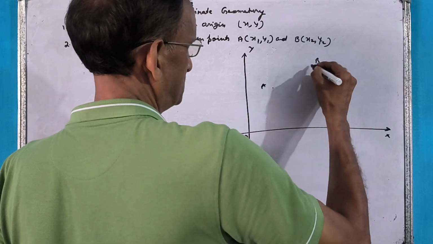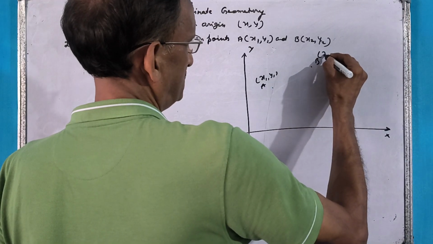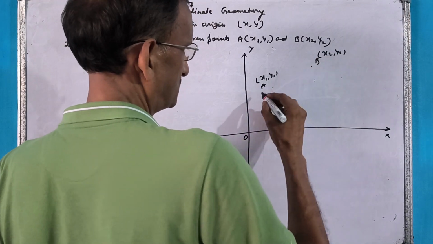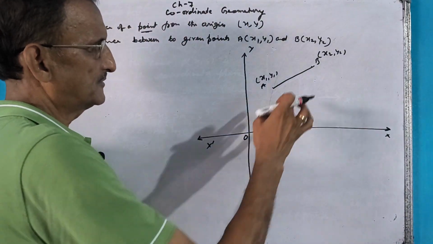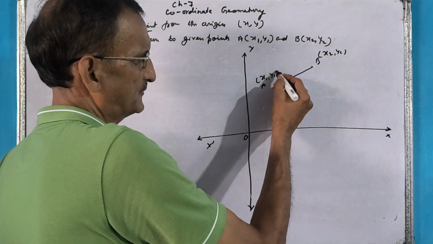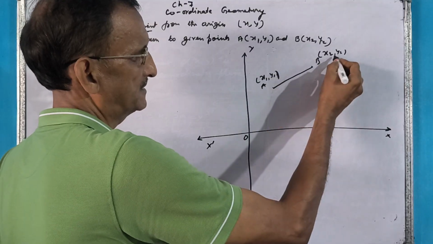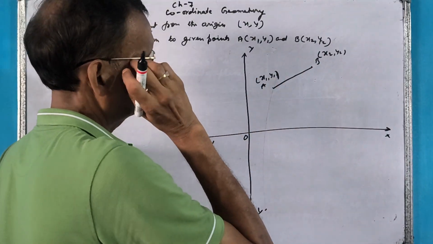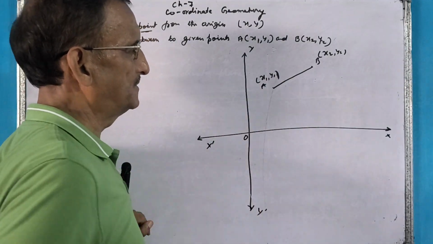Write their coordinates: A x1 y1 and B x2 y2. Join AB because we need to find the distance between the points A and B, that is AB only. Understood the question? We have two given points A x1 y1 and B x2 y2, and we need to find the distance between A and B, that is AB.